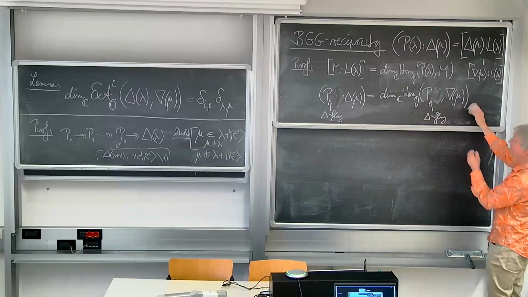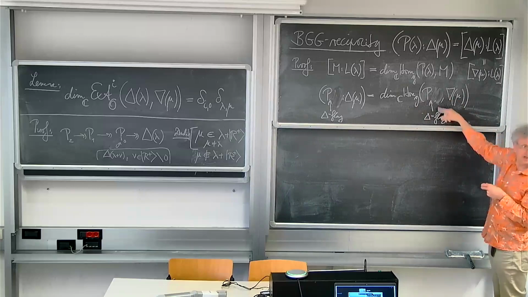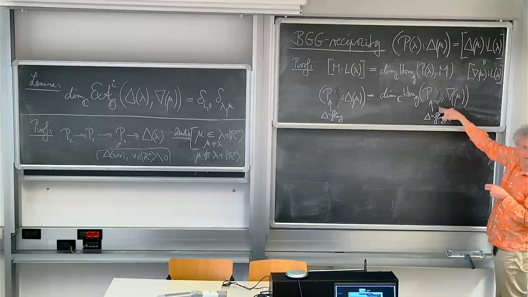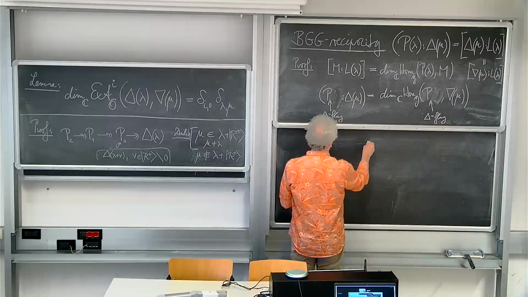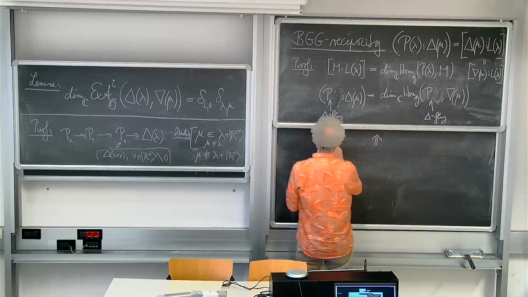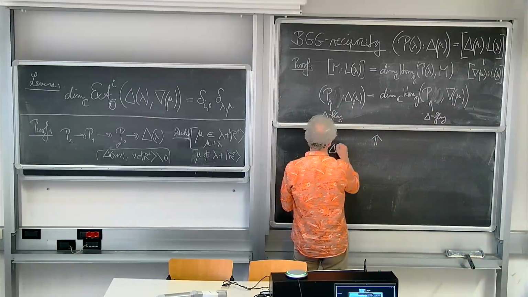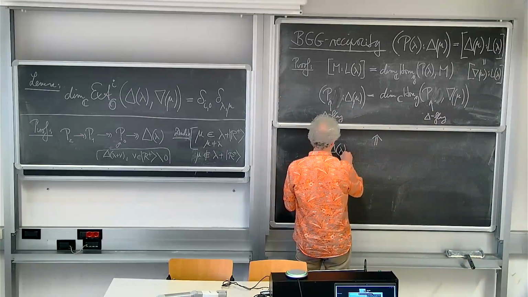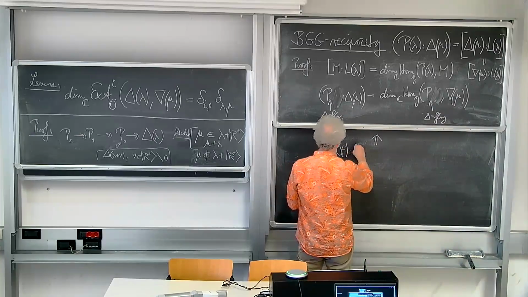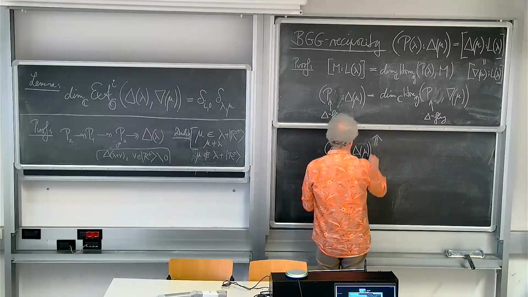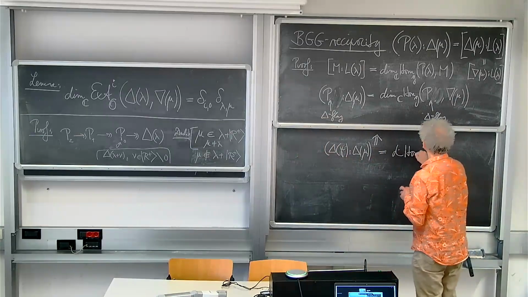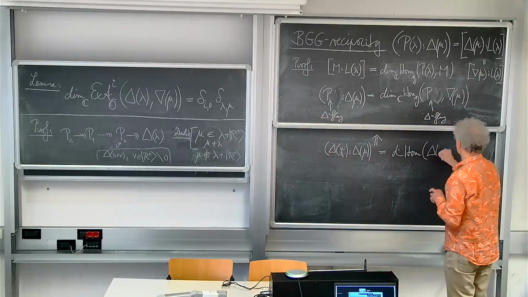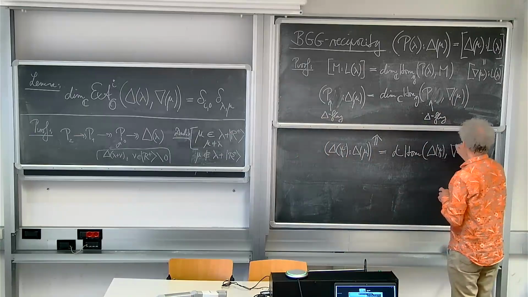It will follow if I can prove that the dimension of homomorphisms from delta lambda, delta gamma, to nabla mu is equal to the dimension of homomorphisms from delta gamma to nabla mu.